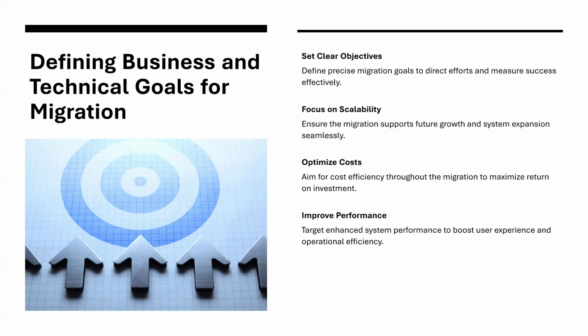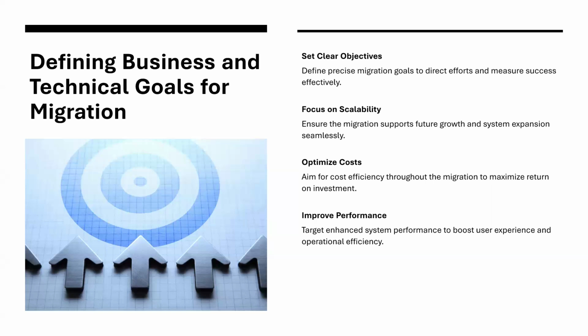They may want to optimize the cost of the applications, the amount they are spending. They want to spend less when they migrate to the cloud. Or they are not able to meet service level agreements, so they want to improve application performance. Understanding all these things, you can set very clear objectives that you need to achieve.